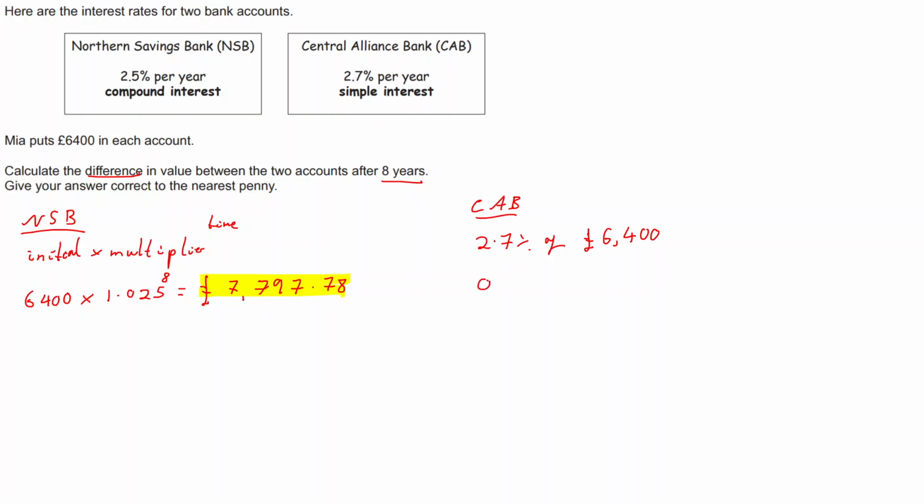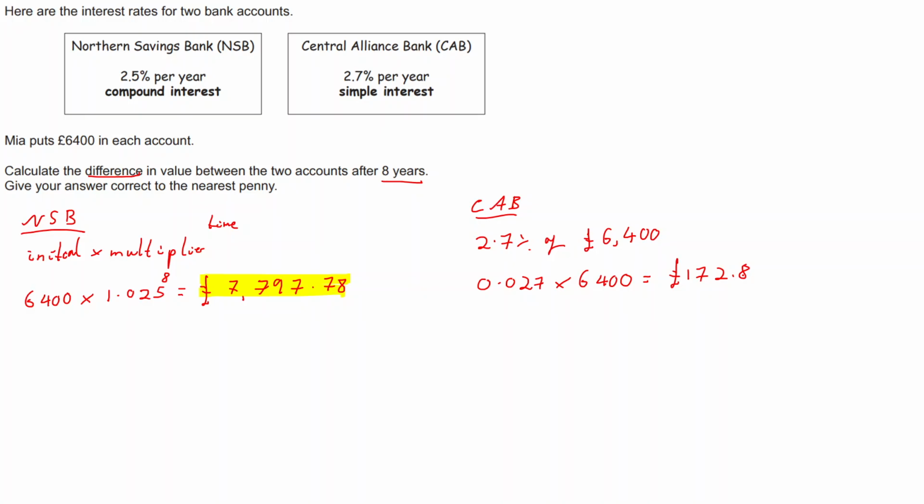So 0.027, remember percent divided by 100, of, I'm going to times it by the amount, 6,400. And that will give me the interest after 1 year. So 0.027 timesing it by 6,400 is equal to £172.8.